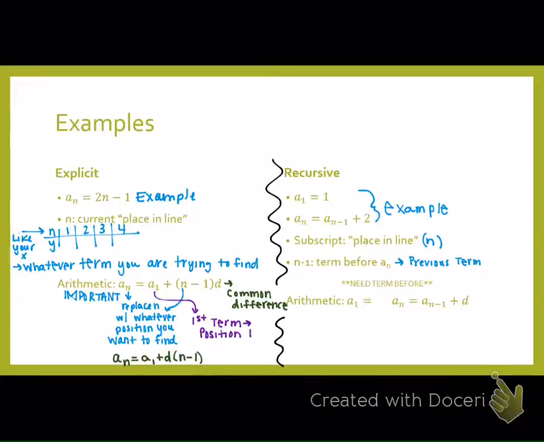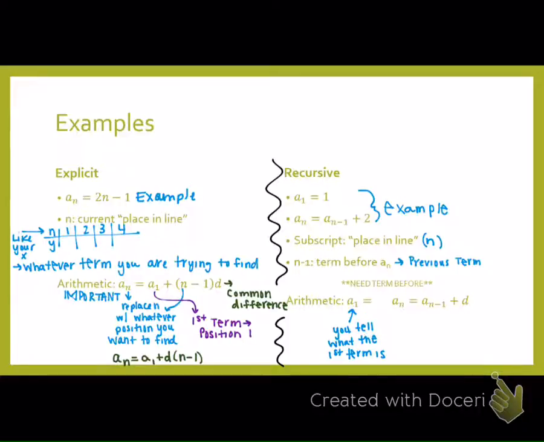So in the recursive formula, you need the term before. So this is how it's written up. You tell what the first term is. So that's step 1. You have to tell everybody what the first term is.